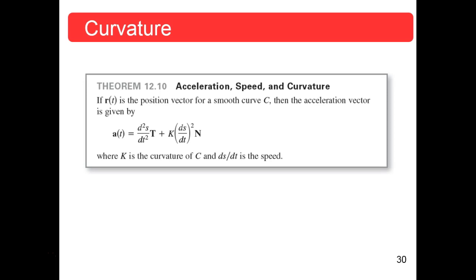The component is negative as the moving object slows down, positive as it speeds up, regardless of whether the object is turning or traveling in a straight line. So the tangential component is solely a function of the arc length and is independent of the curvature.